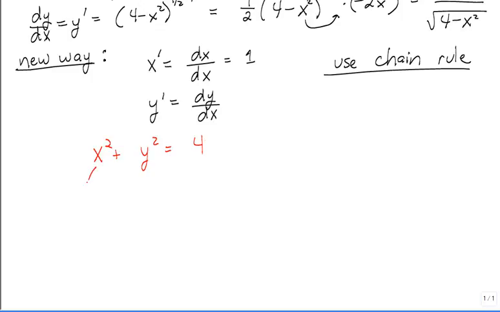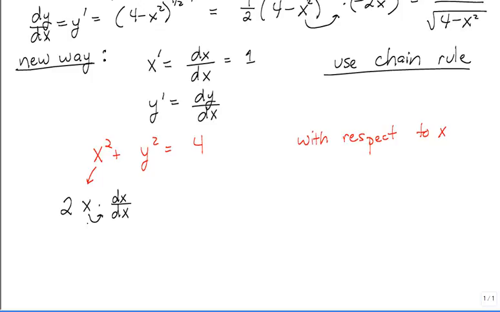So when we take the derivative of x squared, we're taking the derivative with respect to x, so we have dx in the denominator. That's going to be the chain rule, so I bring the 2 down, leave the inside alone, subtract 1, so that's 1. Come back, take the derivative of x, which is dx dx, or 1.